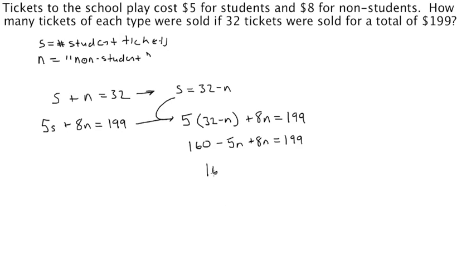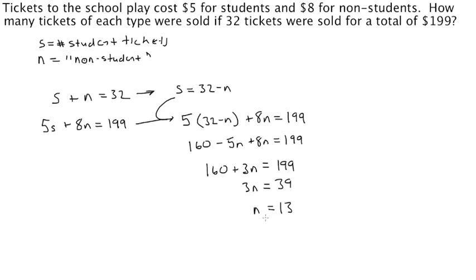So 160 plus 3N equals 199. So let's subtract 160 from both sides. So 3N is going to be, let's see, that's going to be 39. Finally, dividing by 3, N is going to be 13. So I now know that 13 non-student tickets were sold.